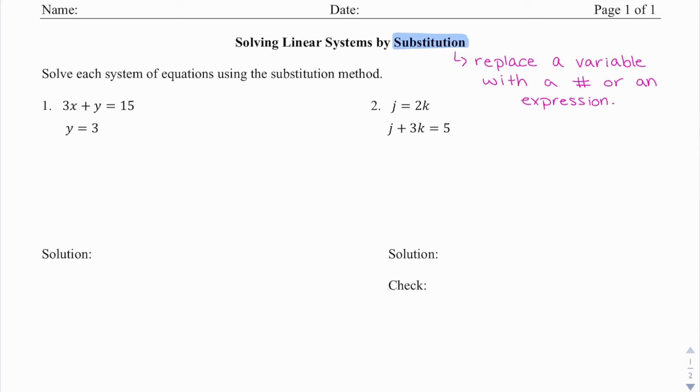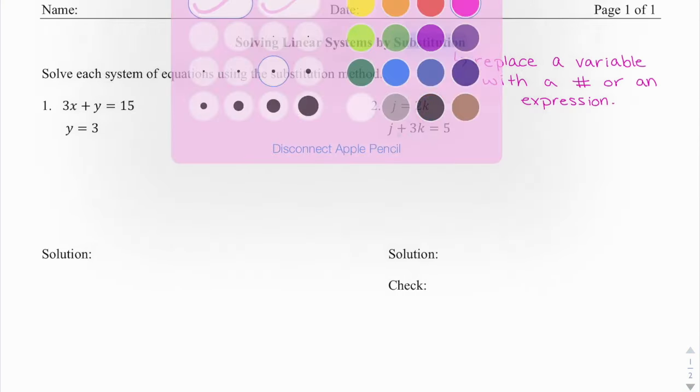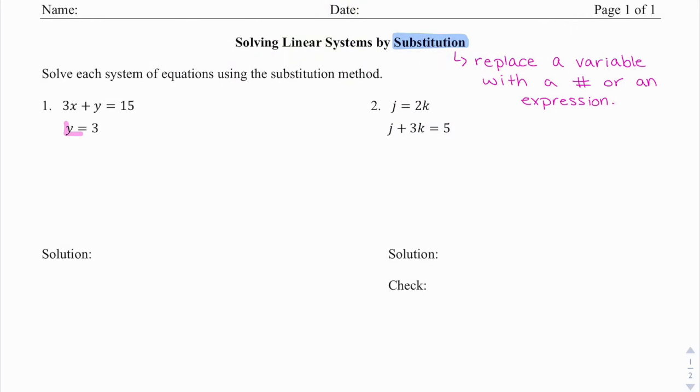So this says solve each system using the substitution method. In the first example, you're told that you have 3x plus y equals 15, and then you're told that y equals 3. I can just replace the y in the first equation with what y equals, which is 3. So I have 3x plus, instead of y, I'm substituting in 3, equals 15.